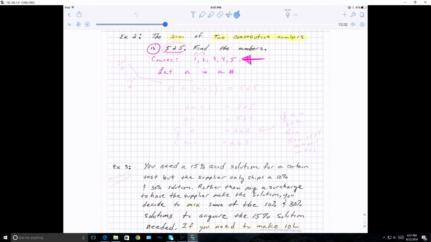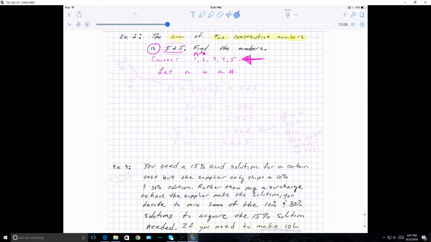So if n is a number, and I'm starting at 1, what would be the expression for the next number in the sequence? Well, I start at n, and then how many places am I moving? 1.